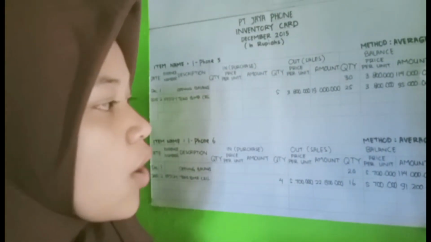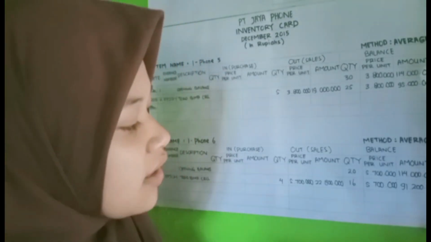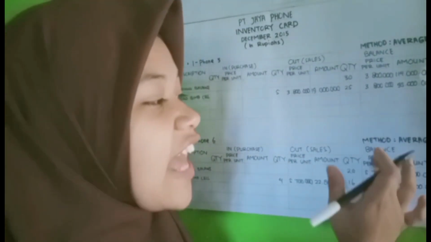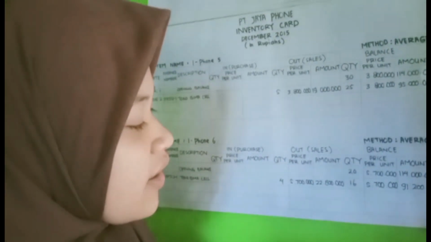Okay, in purchase transactions, we use the average method to determine the price per unit at balance. Now we have to find the cost of goods sold.